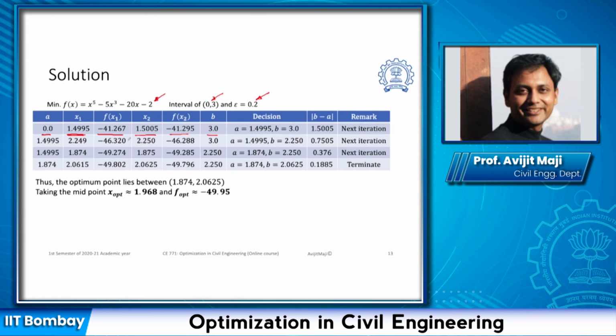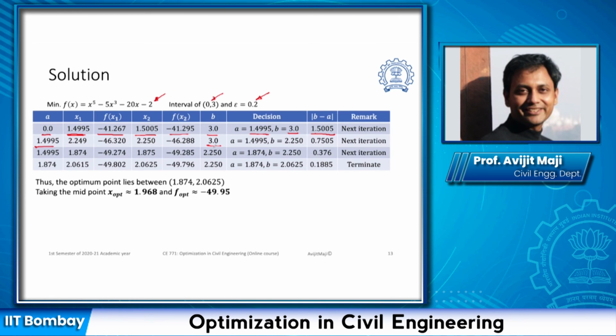Hence we are moving the lower boundary to this new point 1.4995. We retain the upper boundary. At this point we see that the length of the interval is higher than the precision we want to achieve. We move to the next iteration, where our lower boundary is this and upper boundary is this.